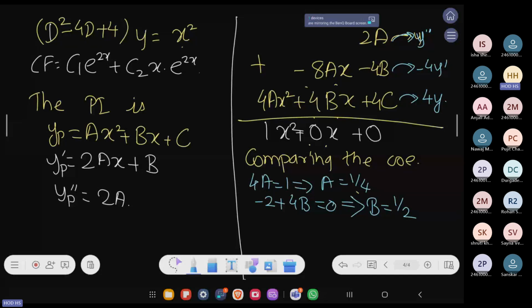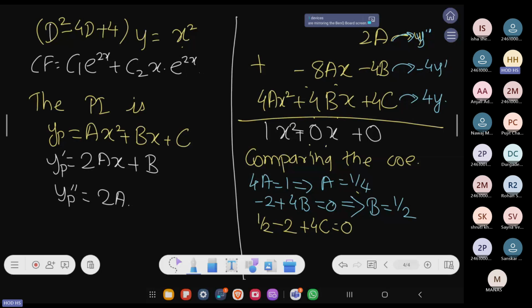Now compare the constants. 2 times a, which is 1 by 2, minus 4 times b, which is minus 2, because the value of b is half, plus 4c should give me the value 0. So 4c should be 3 by 2, and this will give me the value of c as 3 by 8.